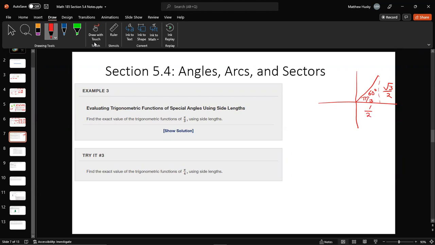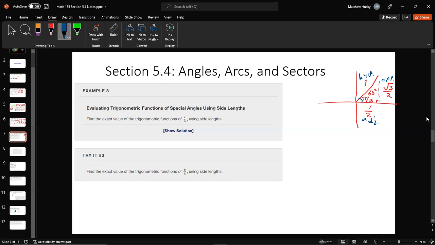And then what you might recall is that the hypotenuse of the unit circle is 1 by definition. So let's go ahead and label these here. If our angle is down here, this one is the opposite side. This one here is the adjacent side. And then this one here is the hypotenuse.